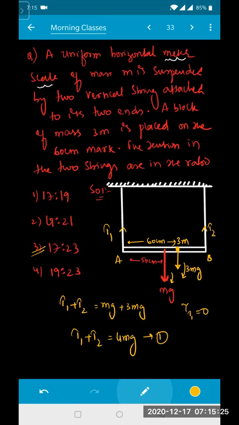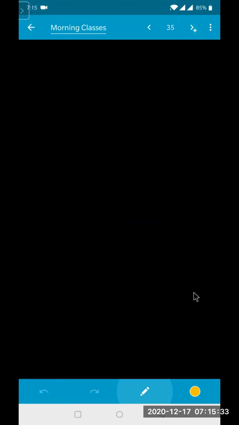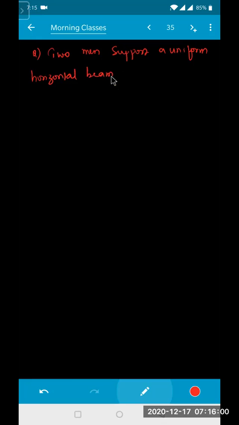ఇంకో ప్రాబ్లం చేస్తాం. See this question, beta. Say for example, two men support a uniform horizontal beam at its two ends.